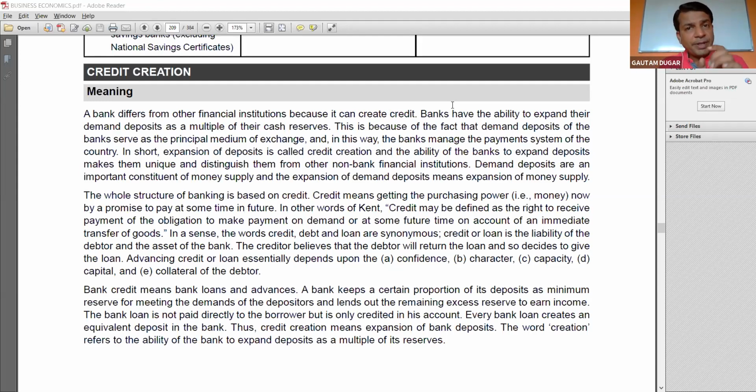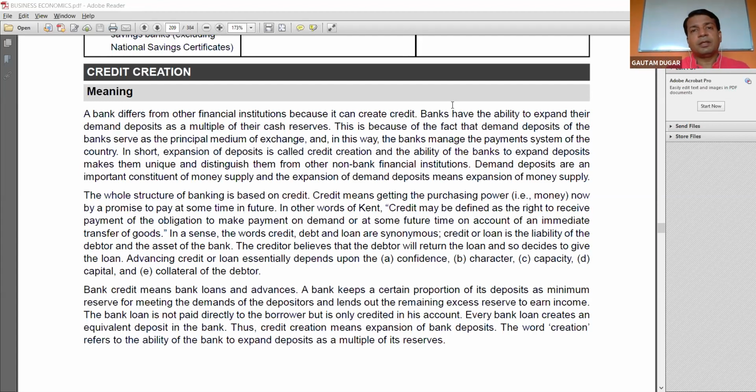And assuming again, I'll repeat, the reserve ratio to be 10%, the total credit creation would be 10,000, 10 times the initial deposit. 10 times. Why 10 times? Because it becomes the reciprocal of the reserve ratio. Remember, in our example, the ratio was 10%, CRR plus SLR taken together.